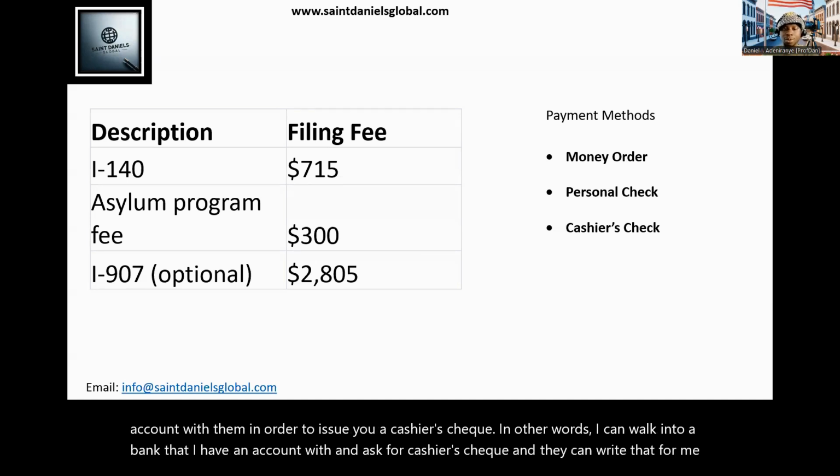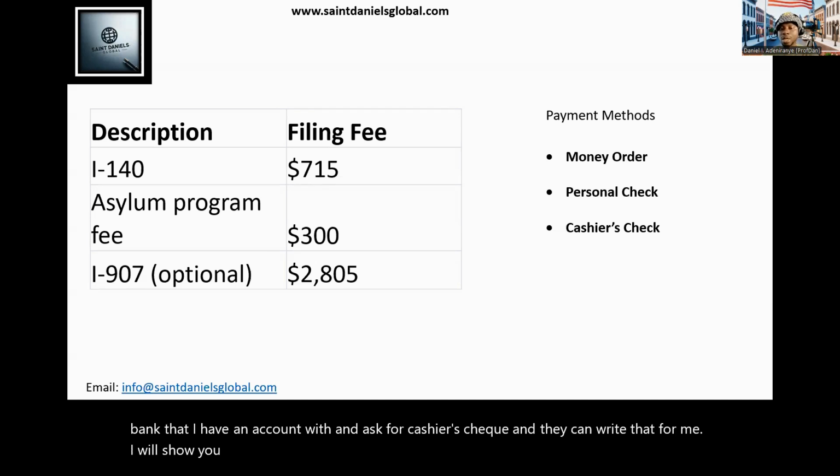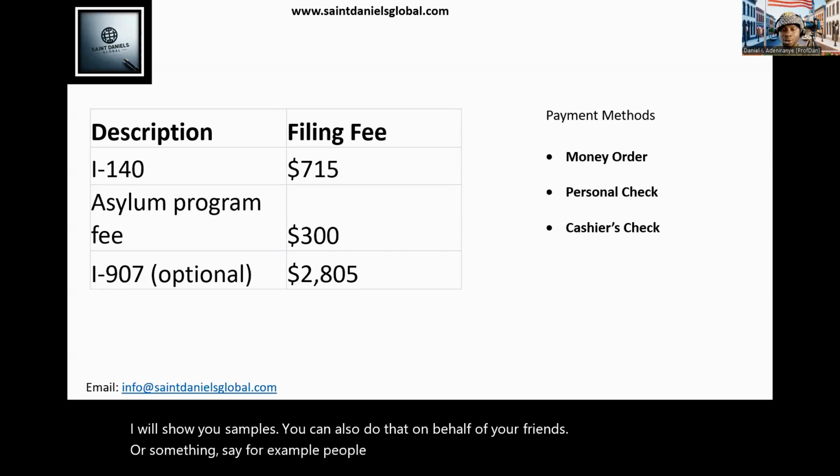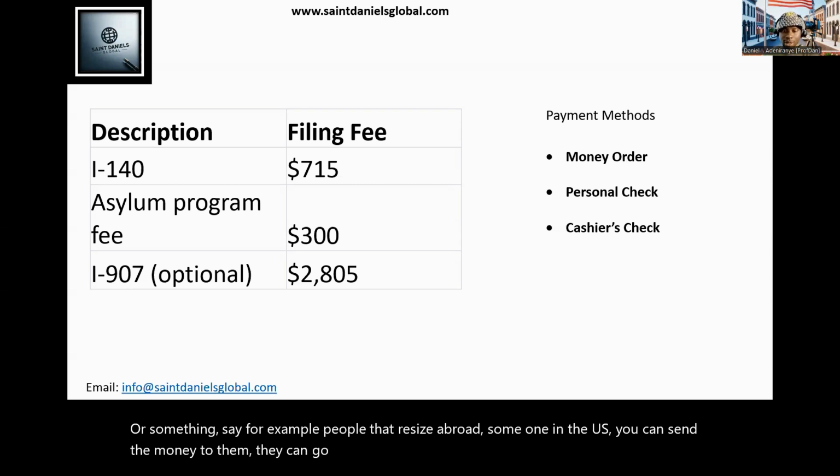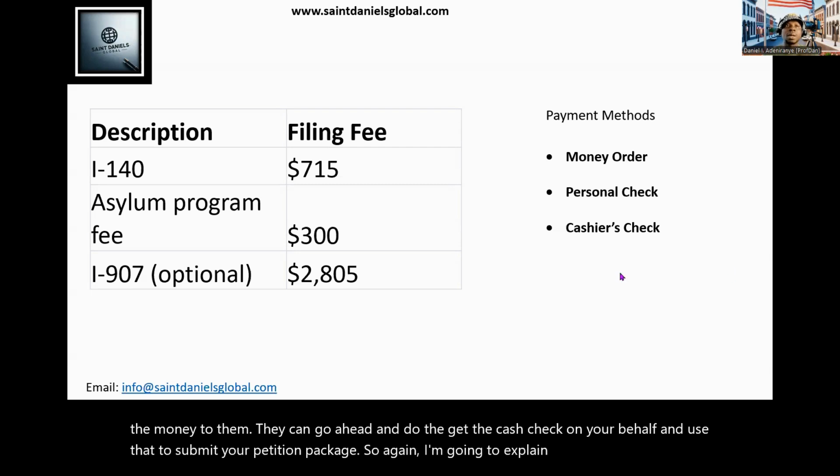I will show you samples. You can also do that on behalf of your friends or something. Say, for example, people that reside abroad, you know someone in the US, you can send the money to them. They can go ahead and get the cashier's check on your behalf and use that to submit your petition package. So again, I'm going to explain all of that.